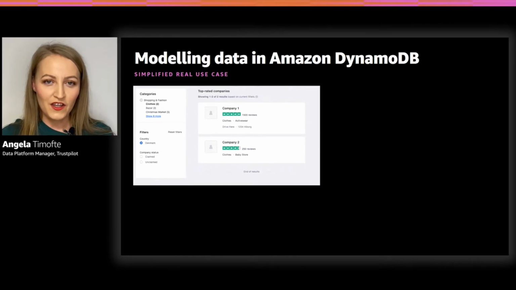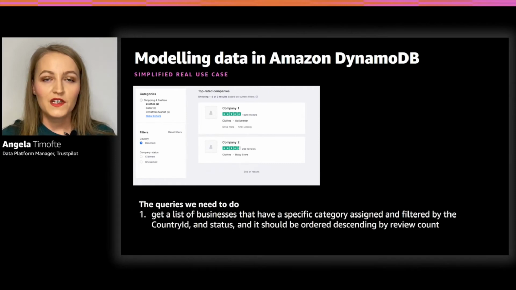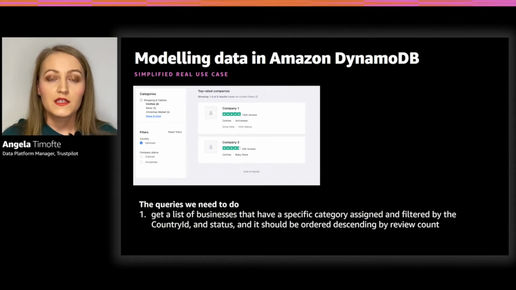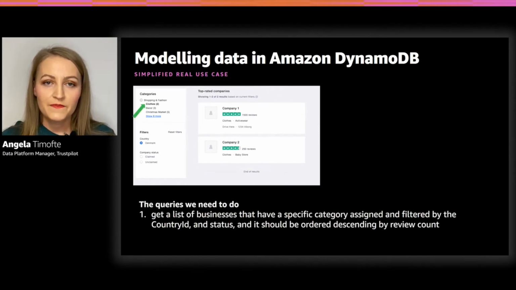When talking about modeling data in DynamoDB, the first thing that you have to do is look at the queries that you want to make. In our case here, the first query is to get a list of businesses for a specific category ID with a specific country and status, which can be claimed and unclaimed, sorted by the number of reviews in descending order.